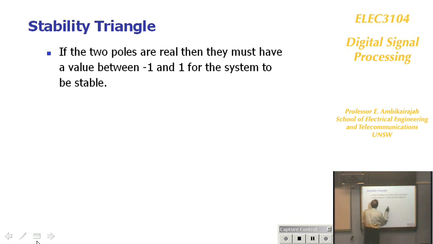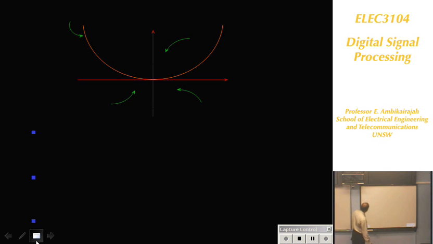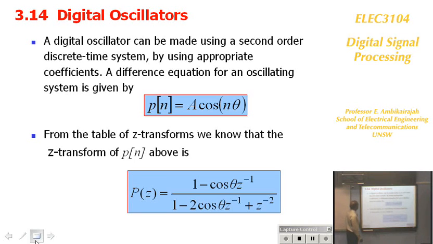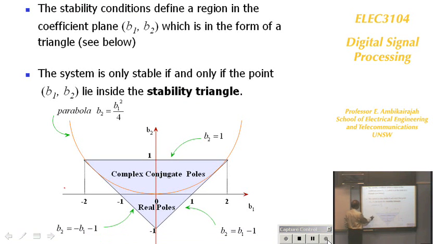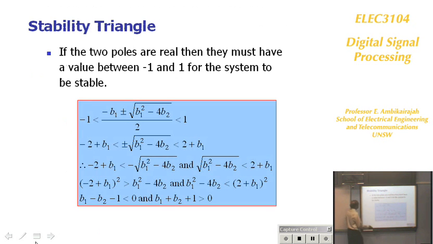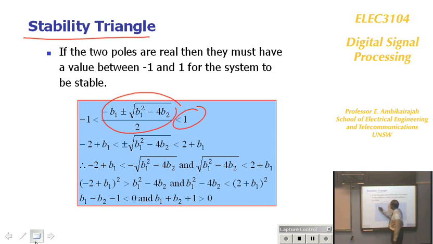Yes, that's okay. We've already said that. If you go to the next slide, the stability triangle equation can be obtained by knowing the poles have to be between 1 and minus 1, and then taking one at a time.